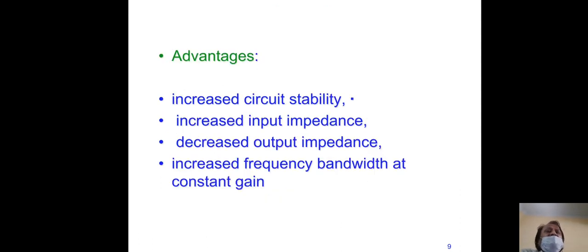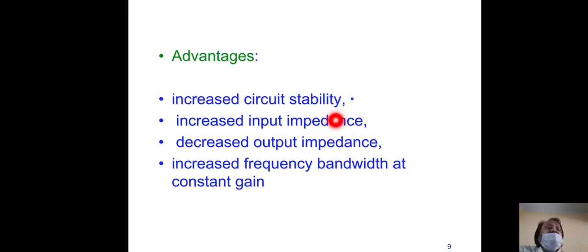The advantages of operational amplifiers: they increase the circuit stability and increase the input impedance. The input impedance is high for the operational amplifier, and it decreases the output impedance. The output impedance of the amplifier is 0.